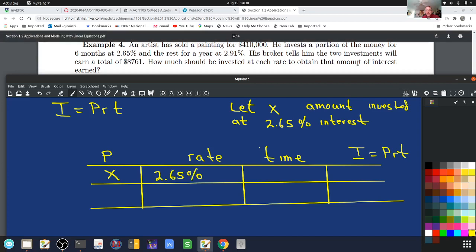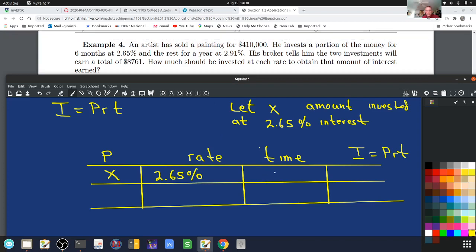And what is the time it's going to be invested at? It's going to be invested at 6 months, which is the same as 1/2 of a year, because our time has to be in years.